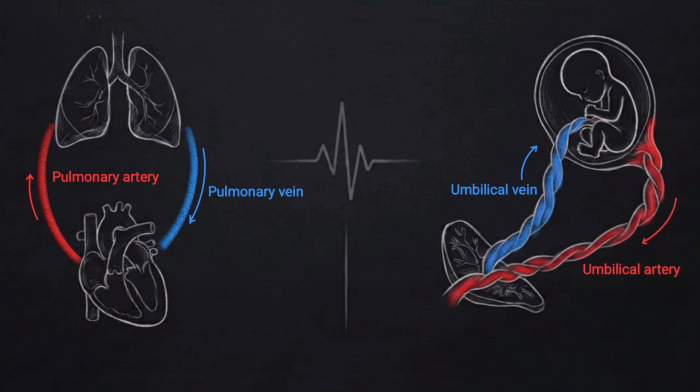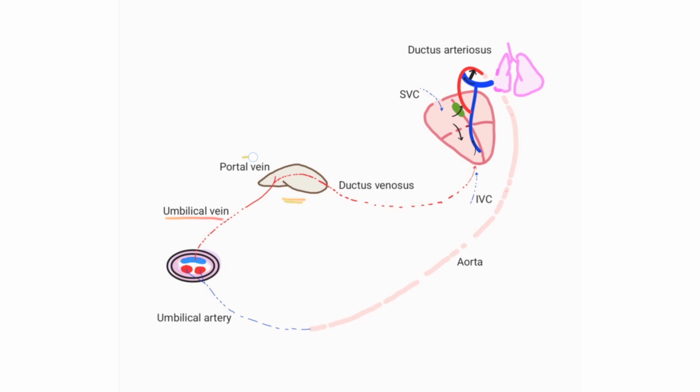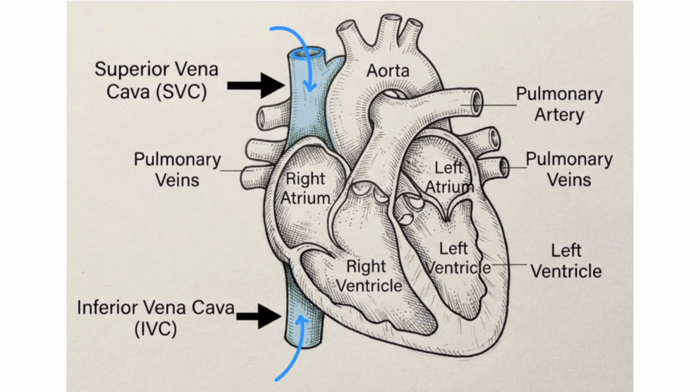Then this umbilical vein reaches the liver where it gives a small branch called the portal vein, and the majority of this oxygen-rich blood bypasses the liver as ductus venosus, finally draining into the IVC. IVC, just like us adults, carries deoxygenated blood from the lower body of the baby, and SVC carries the deoxygenated blood from the upper body.